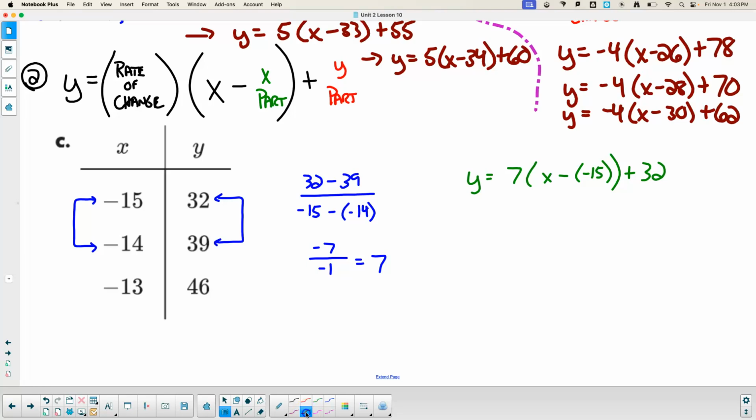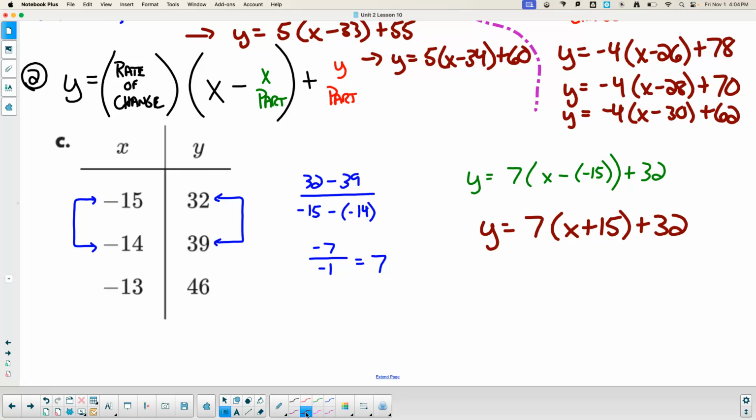Now, we don't write that minus a negative there, so we would prefer this one to be x plus 15 in the parentheses there. Okay, so if that x value is negative, then it switches to a plus inside the parentheses.